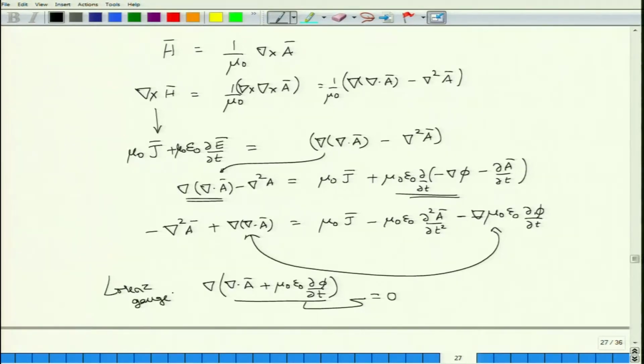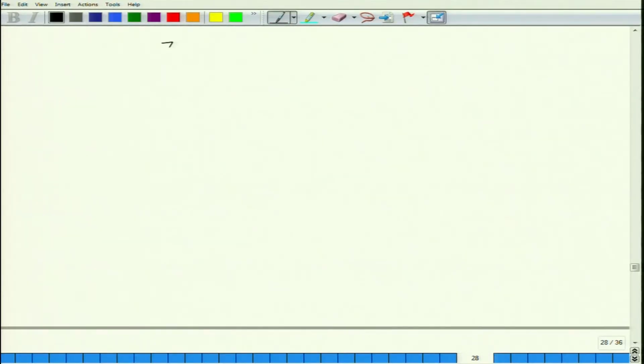So this gauge tells you that del dot A is equal to minus mu naught epsilon naught del phi by del T. So somehow the divergence of A was found to be related to the scalar potential in order to simplify this equation. So if I have done that, what are the terms that are remaining? This term is gone, this term is gone. The term that is now remaining consists only of the vector potential A, right.